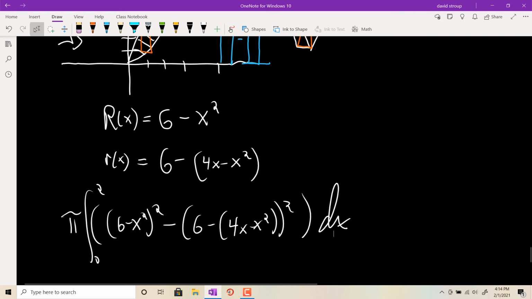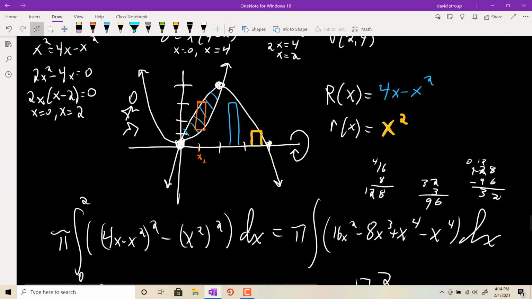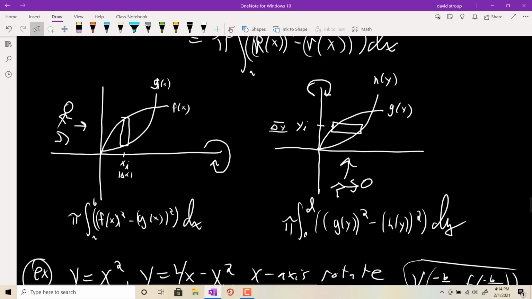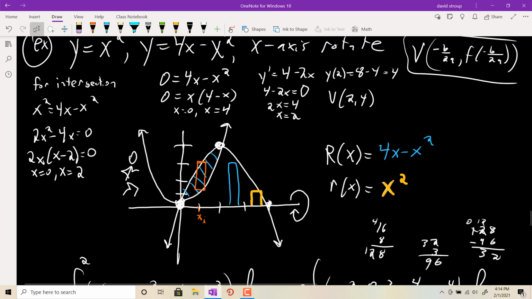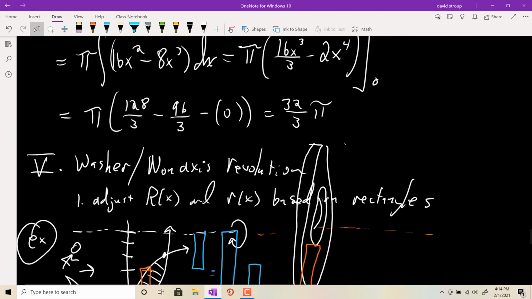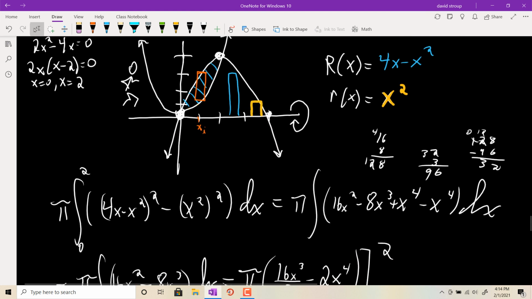There's 2 methods here. There's the disk method, and I forgot to give you a quiz problem. We'll make it this example here. So this is also then the quiz. Let me mark that in my notes. So you have to copy out this junk.